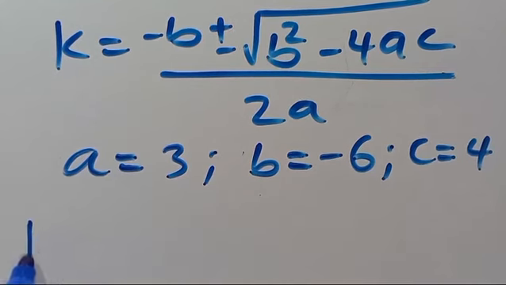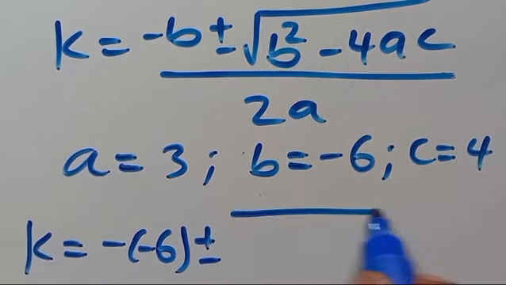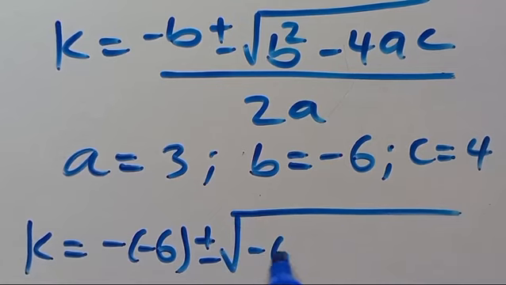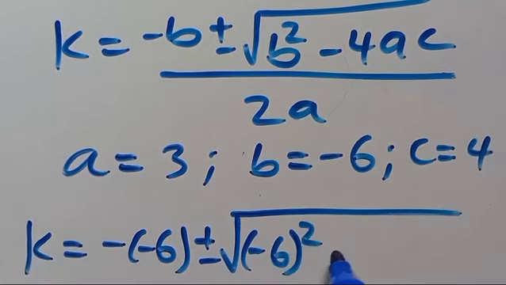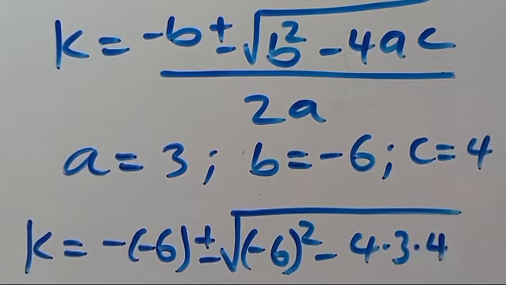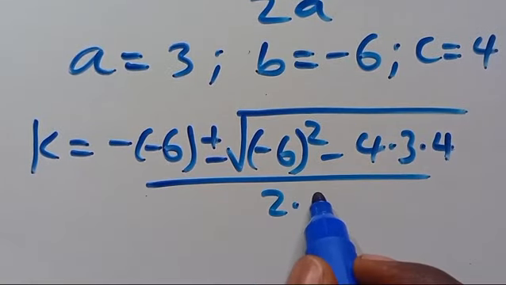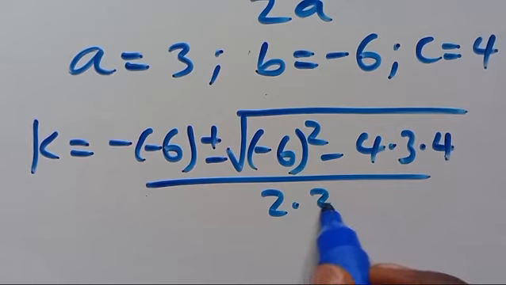So from here we have k equals minus outside, minus 6, positive or negative, root of (−6) to the power of 2, minus 4 times a, which is 3, times 4, divided by 2 times a, 3.